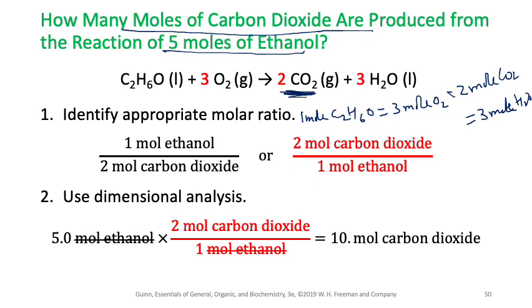So we're gonna use this equation, and what is being asked? How many moles of carbon dioxide? Moles of carbon dioxide. Is there anything given for oxygen and water? No, so we don't need to use this. And what's left? 1 mole of ethanol equals 2 moles of carbon dioxide. That's the only thing left.